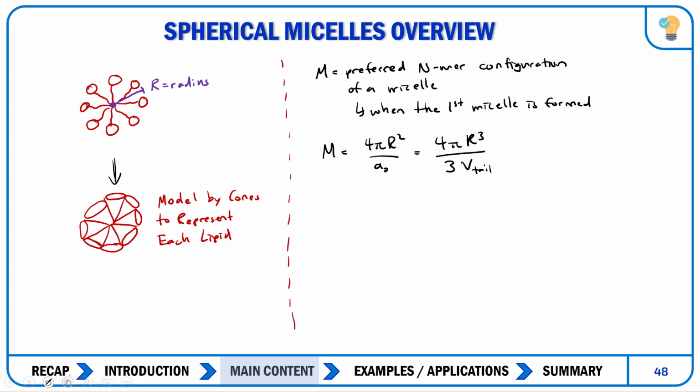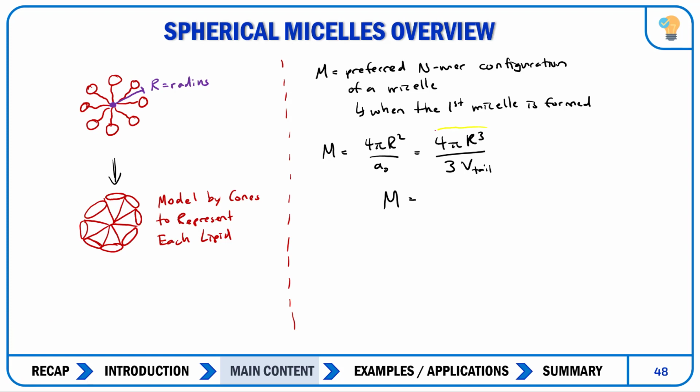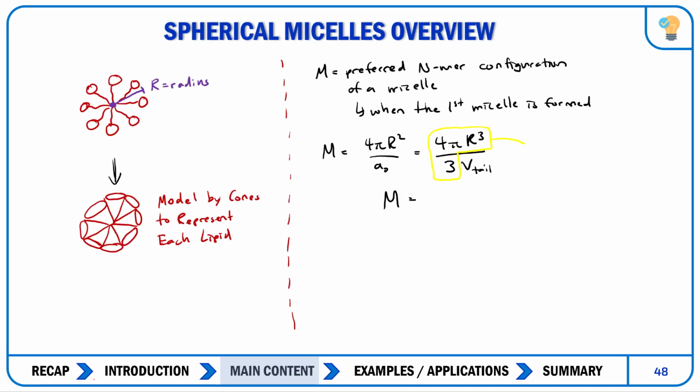The other way you can write this is, because we have V equals 4 pi R cubed over 3, the volume of the sphere, you can rewrite the whole thing as V over V tail.